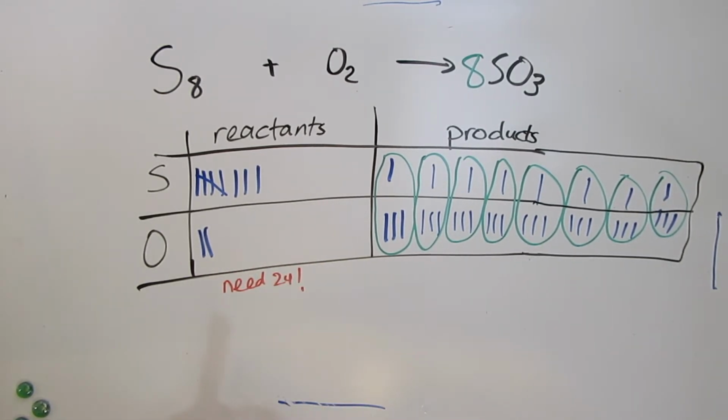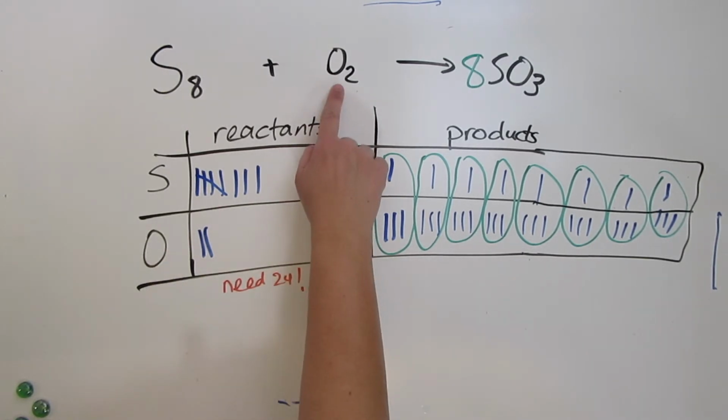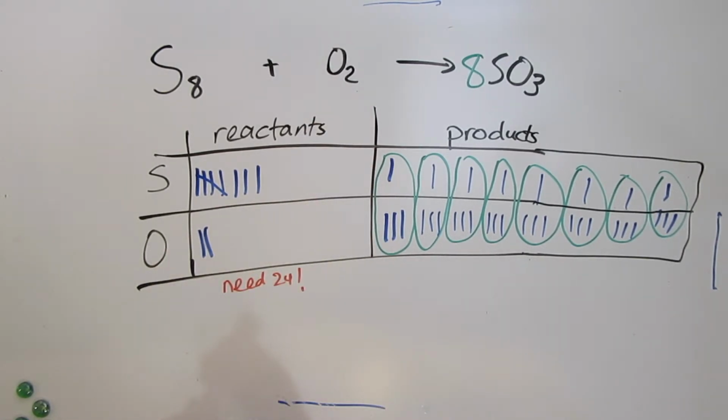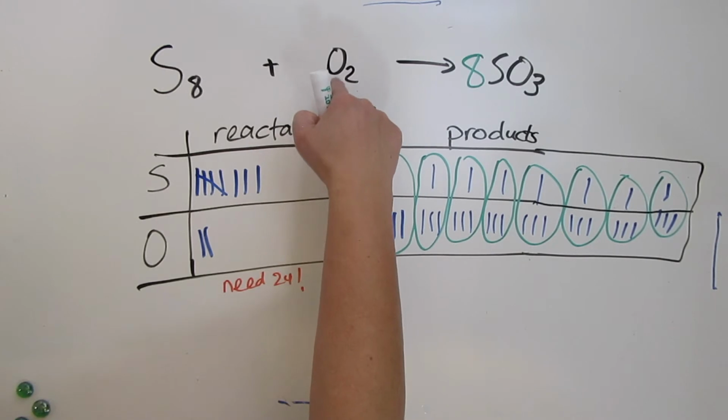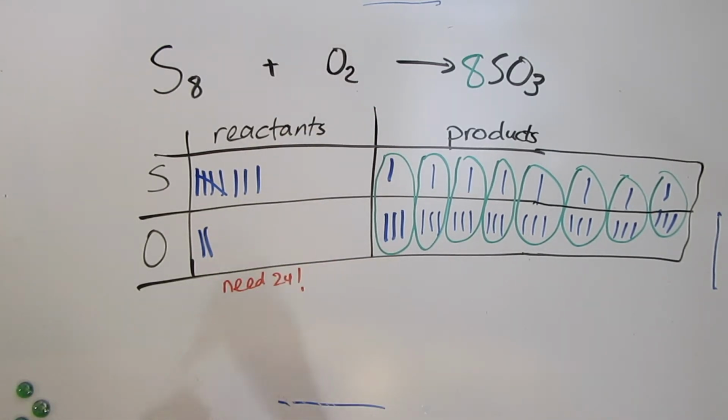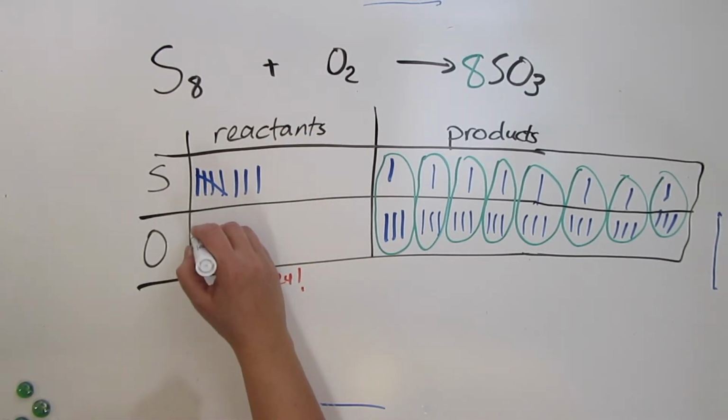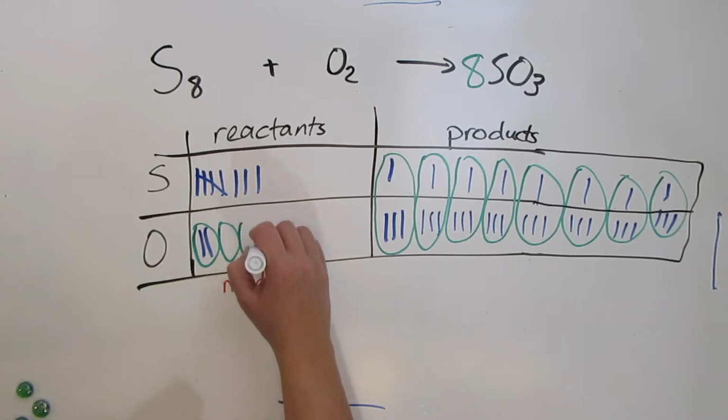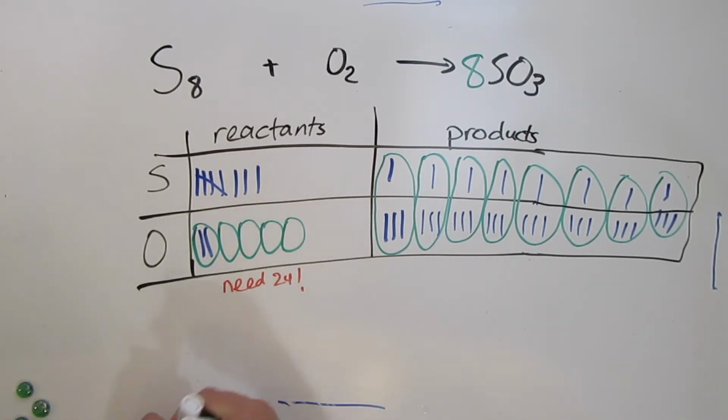How do we get 24? Well, we need to add molecules to our reactants that contain oxygen. There's only 1 molecule here that contains oxygens, and that's this molecule right here. So how many of those do we have to add? Well, we need to keep adding until we hit 24.